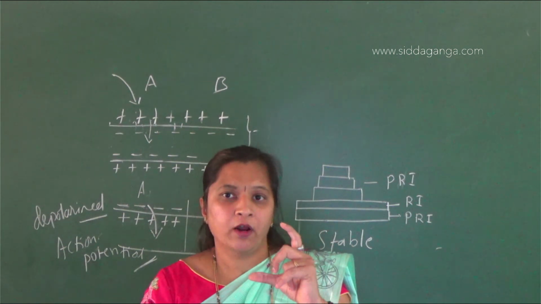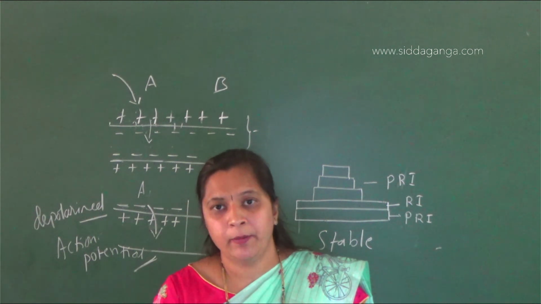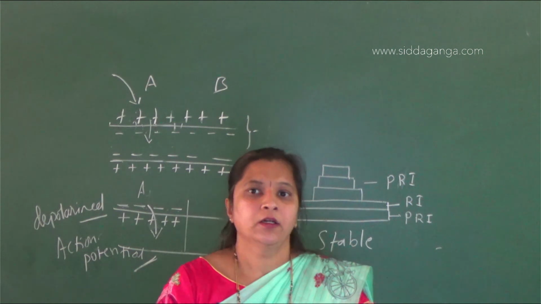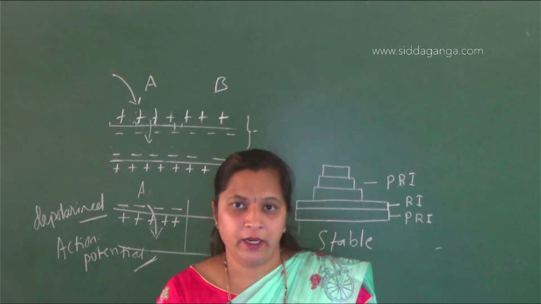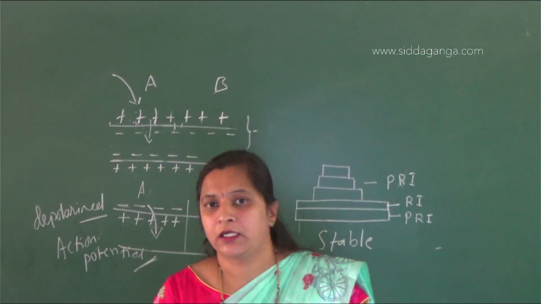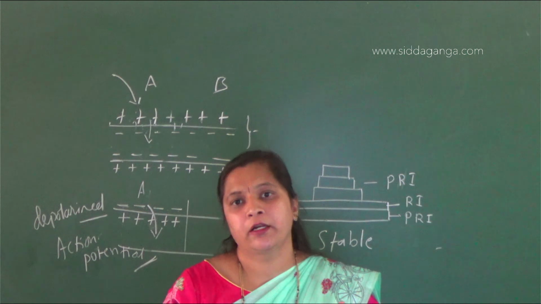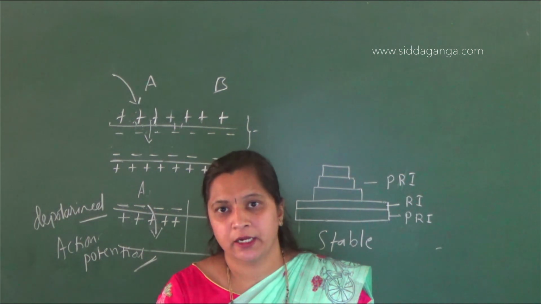So the male bee thinks that it is a female bee and it pseudo-copulates with the flower. During this pseudo-copulation, the pollen grains are dusted onto the bee, and when the same bee pseudo-copulates with another flower, it will transfer the pollen grains. So the pollination has been achieved here.